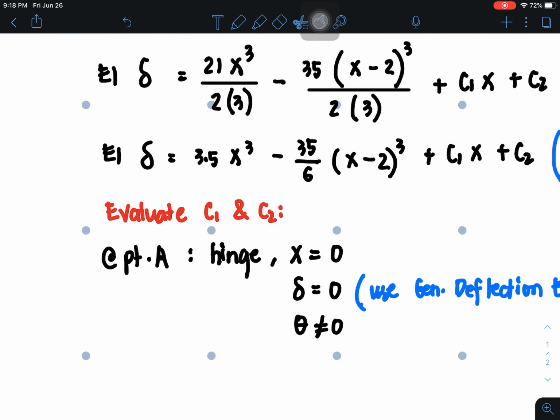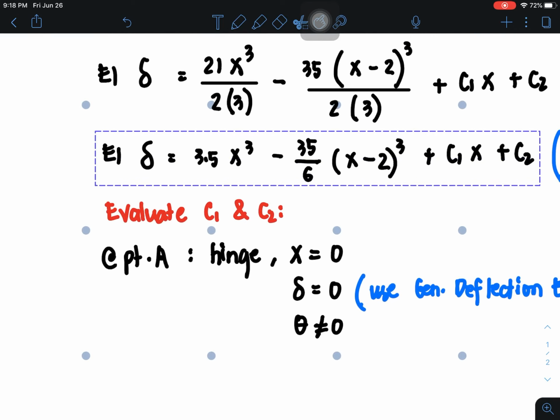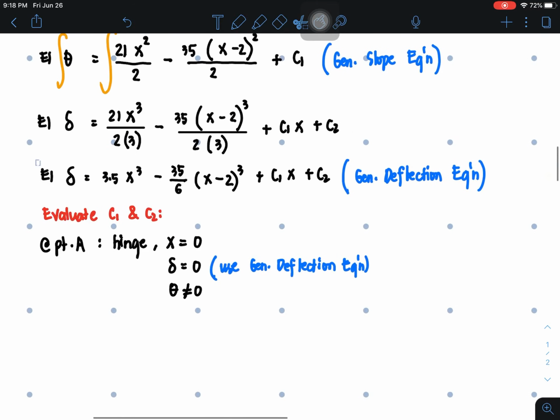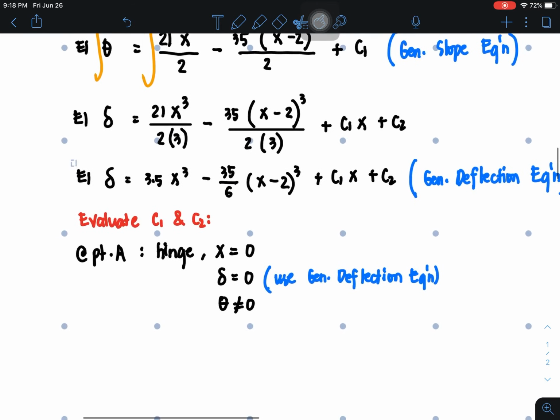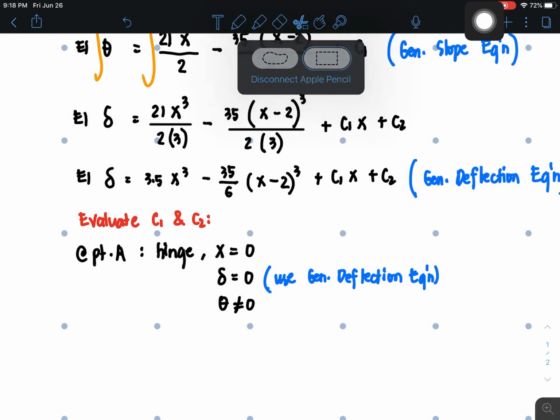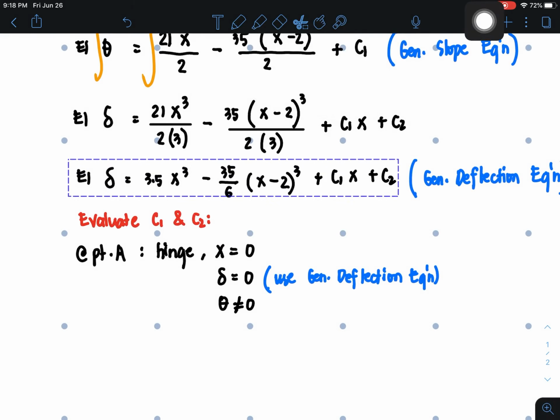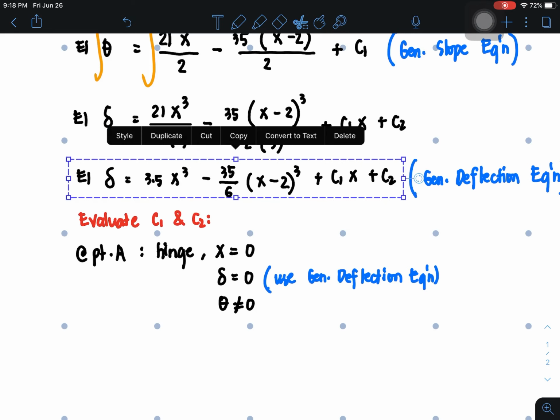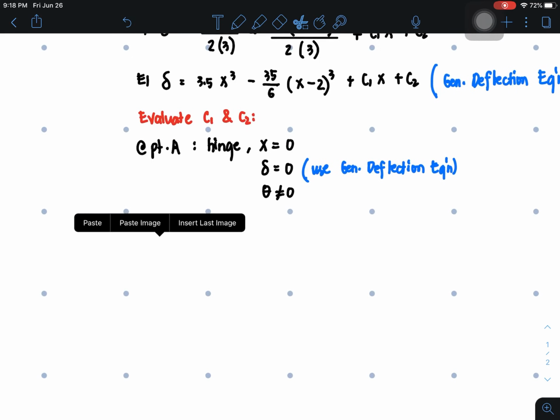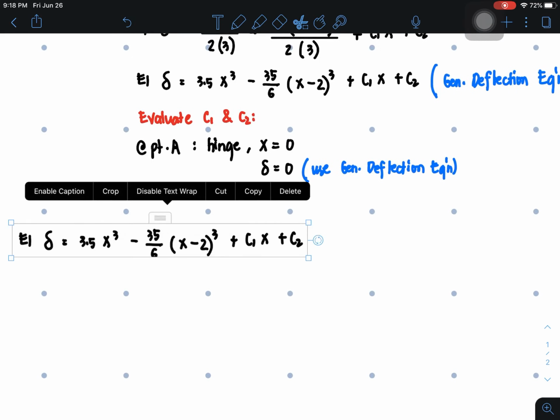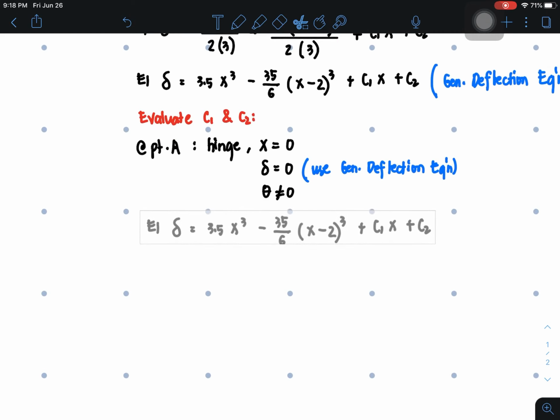This is our general deflection equation. Let's copy that and paste that one here. Okay, so that is our equation.